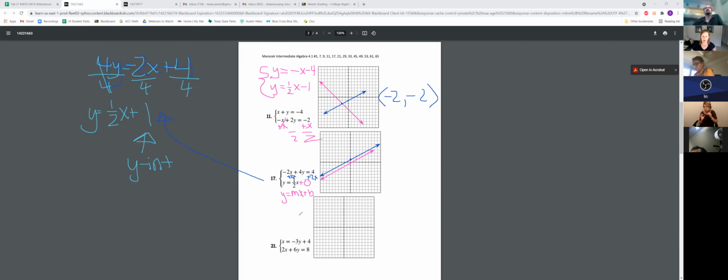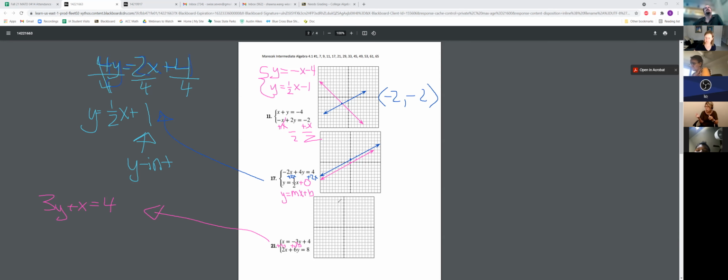For the first one, I put it in y equals mx plus b form. Okay. So you added the 3y over, I think. If you add the 3y to both sides, that means we have 3y plus x equals 4. What did you do next?